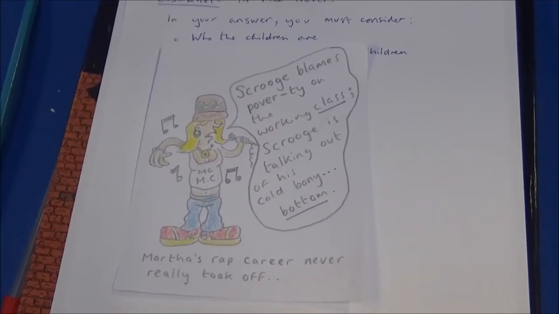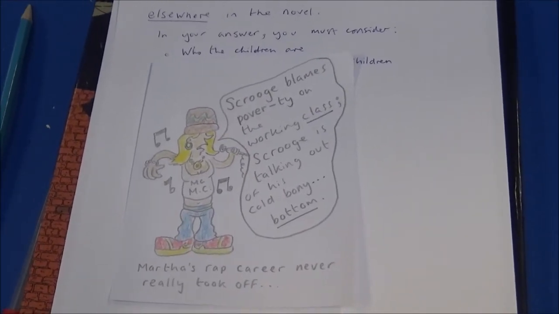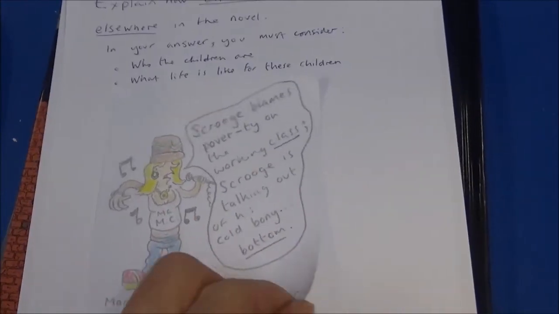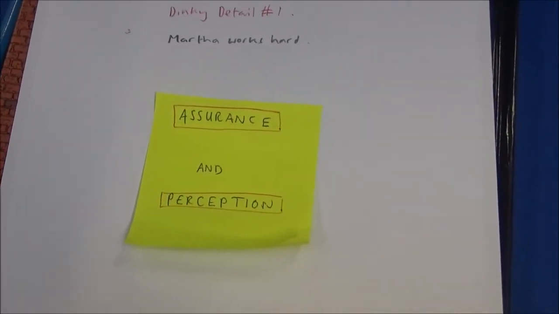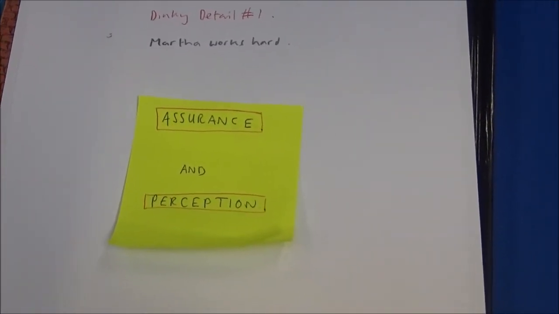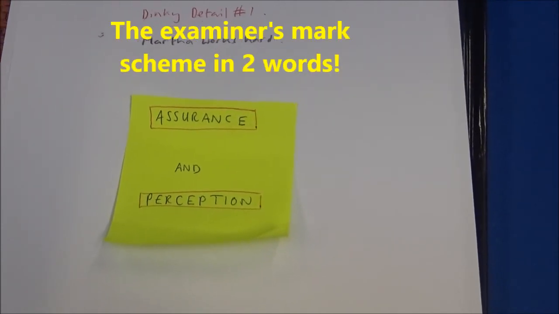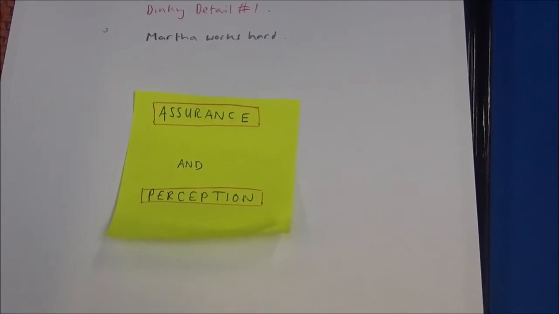So there's an idea. What we're going to do now is make like Rumpelstiltskin and spin these strands into paragraphs of gold. Before we do that, however, just a little bit of guidance on writing fantastic paragraphs. I guess you can whittle all the advice in the world down to 2 words. For section B, Christmas Carol questions, you need to show assurance and perception.